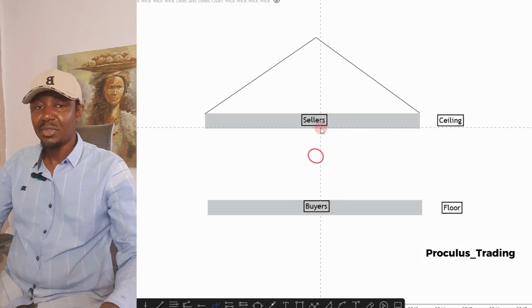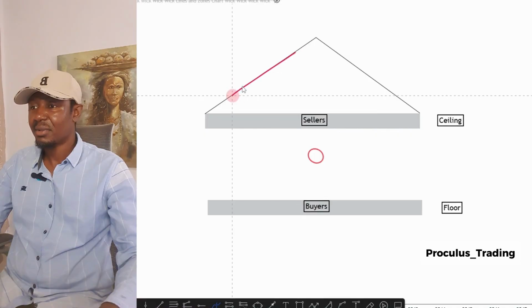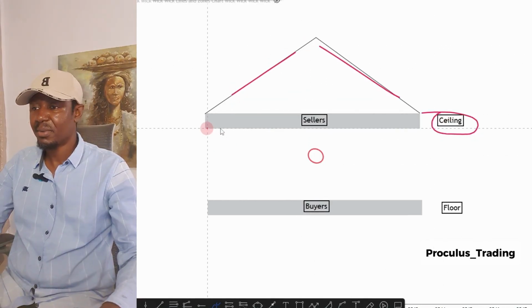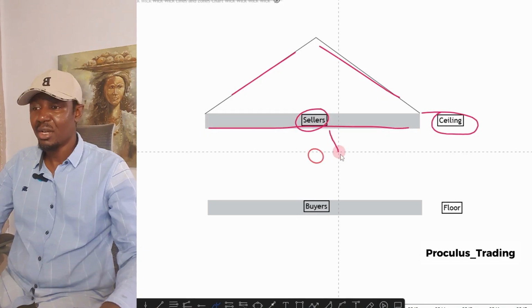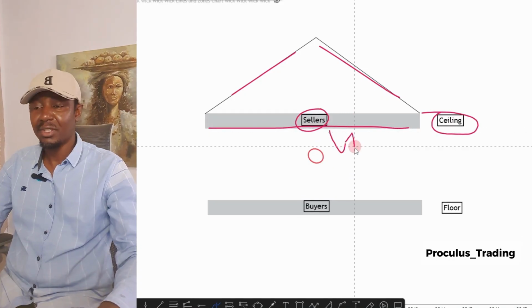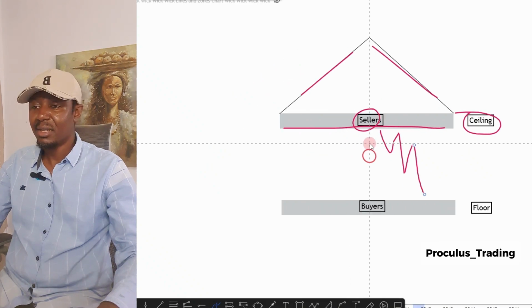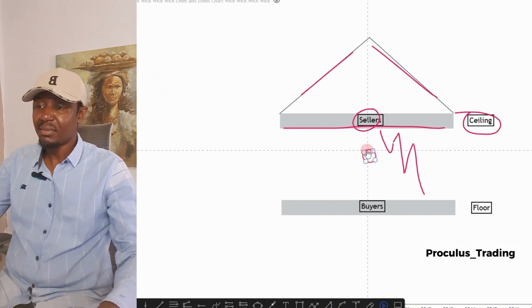So back to our illustration here. This is the house, and we have the ceiling right here, which is the whole of this place right here. Sellers are gathered at this point right here, waiting for price to get here, and then they make a push of price to the downside by absorbing the orders of the buyers. So imagine price being here, this ball right here.